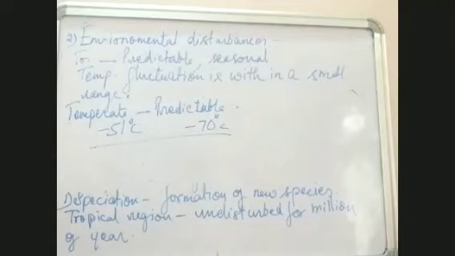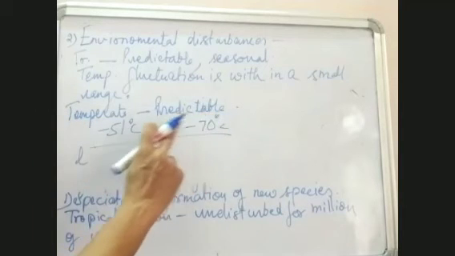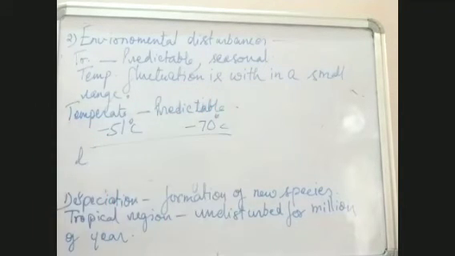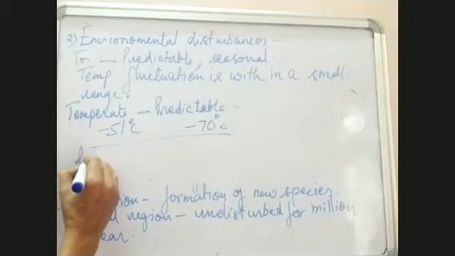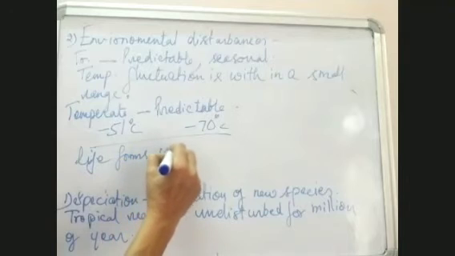There is a wide fluctuation in the temperature range. So sometimes the temperature used to be very, very low, and this low temperature doesn't support life forms. Because of this big variation of the temperature, the life forms were not supported.